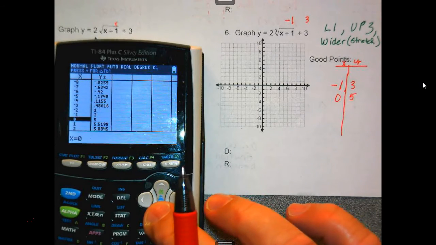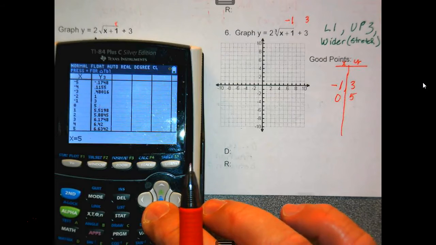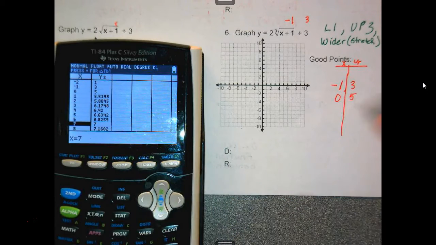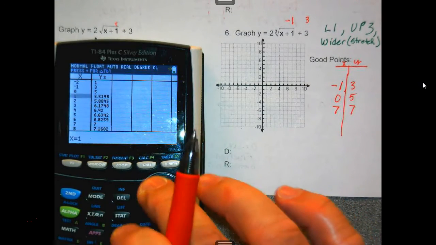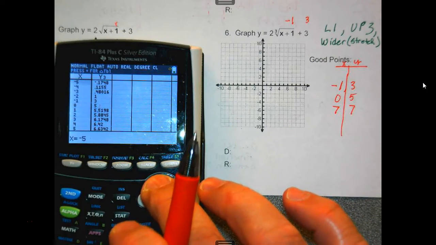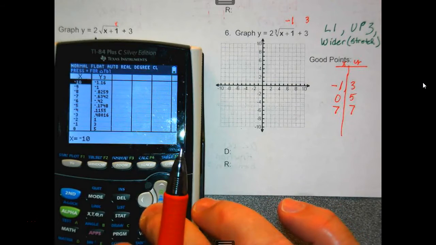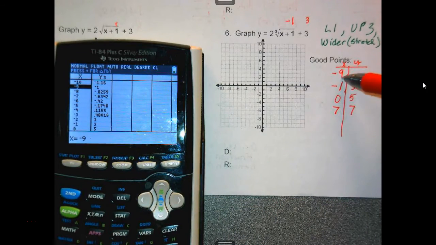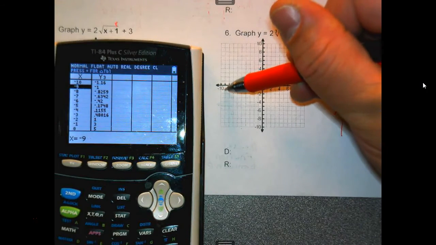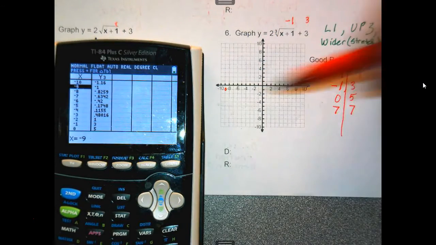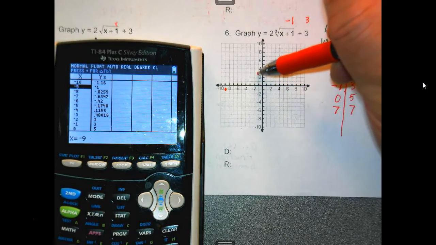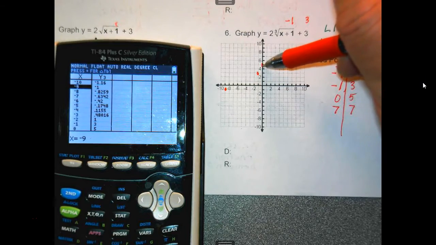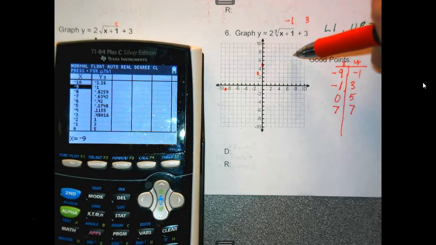I need another one. Scroll. Oh, there's one, 7, 7. All right, let's get the outlier one for the other side. Let's see, -9, -1. Okay, let's plot these. -9, -1; -1, 3; 0, 5; 7, 7.